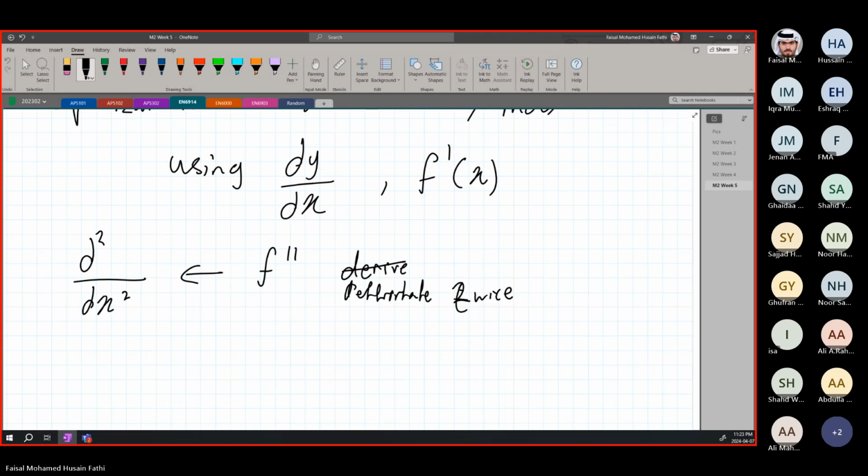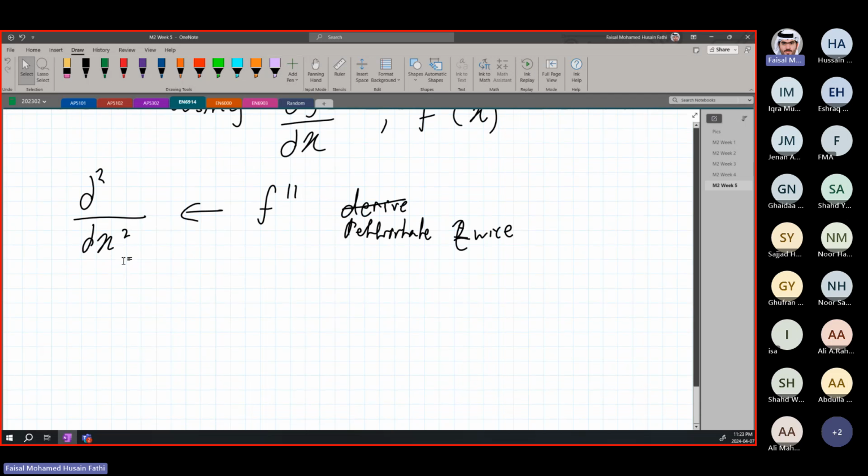For maximum and minimum, we used the first differentiation to find the maximum and minimum. With the second one we were finding the curvature, whether it was upwards or downwards.